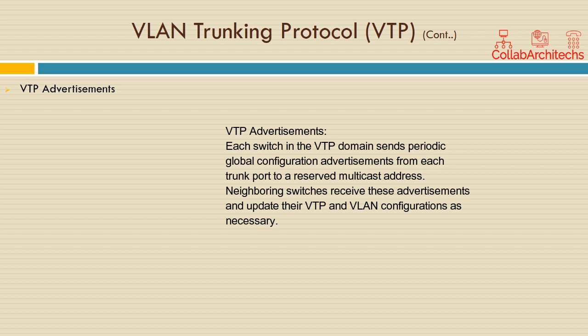Each switch in the VTP domain sends periodic global configuration advertisements from each trunk port to a reserved multicast address. Neighboring switches receive these advertisements and update their VTP and VLAN configuration as necessary.